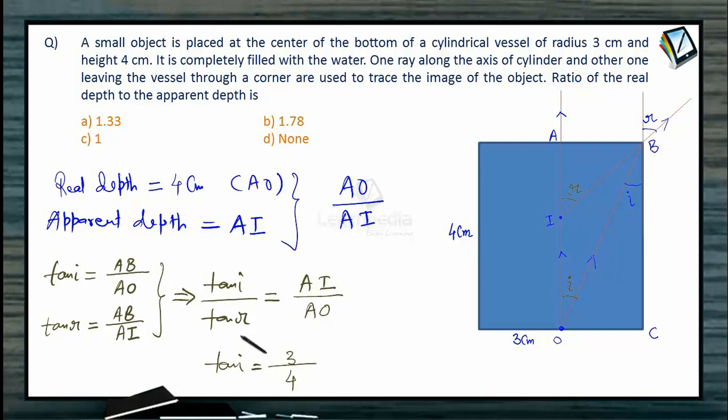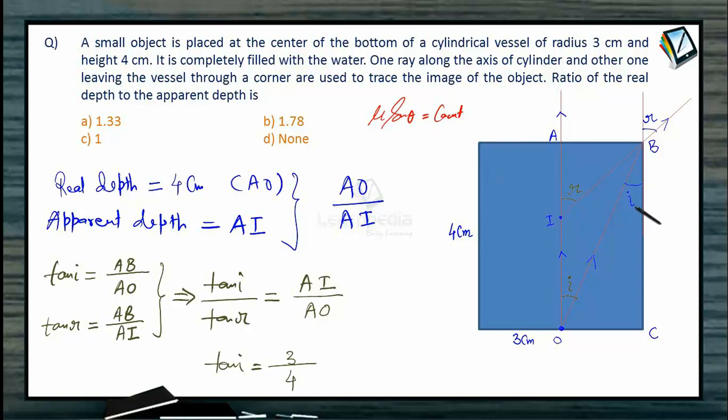So in other words, we have to calculate the value of R using Snell's law. Snell's law is something that we haven't used so far, so let us use it. As we know, in case of Snell's law, mu sine theta remains constant. Mu is the refractive index of the medium, and theta is the angle with the normal.